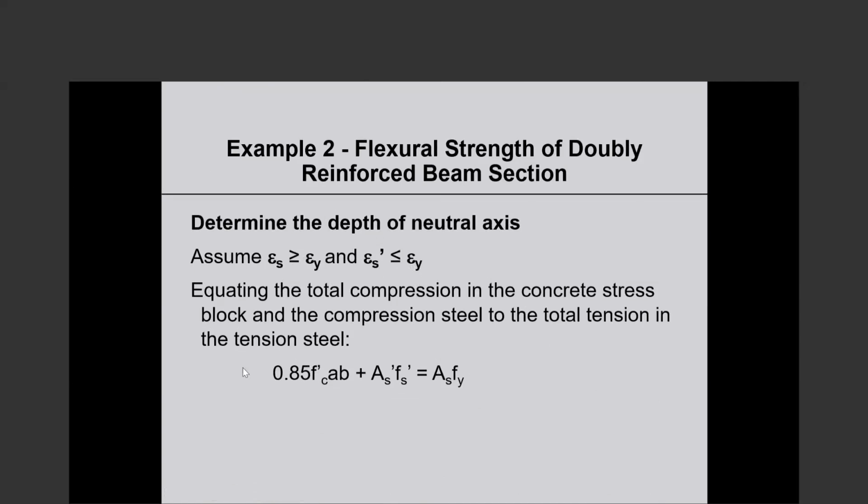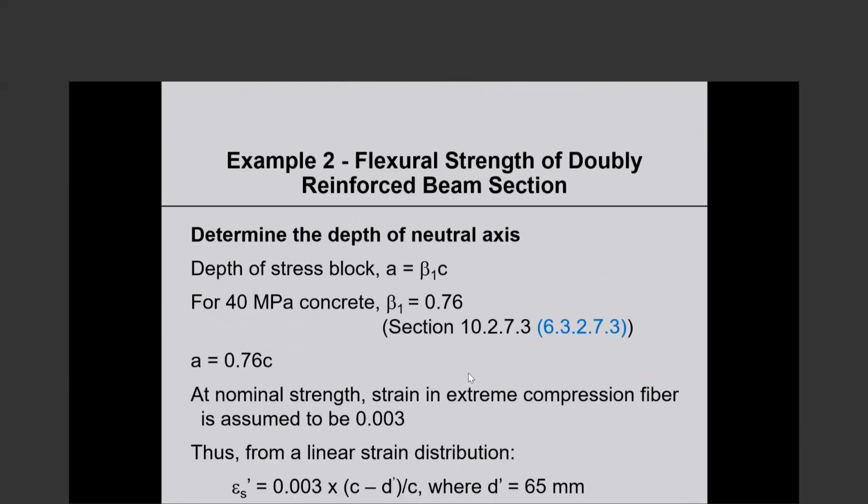Okay, equating the total compression in the concrete stress block and the compression steel. So we have two compressive forces, one in the concrete, one in the compression steel. The total compression we would equate to the total tension, A sub S, F sub Y. Okay, this is compression in the concrete. This is compression in the compression steel. This is tension in the tension steel.